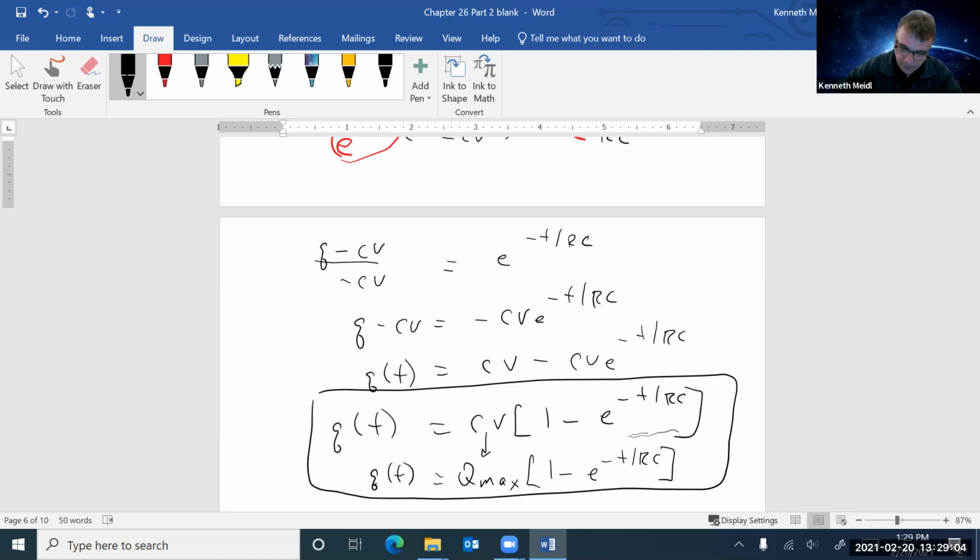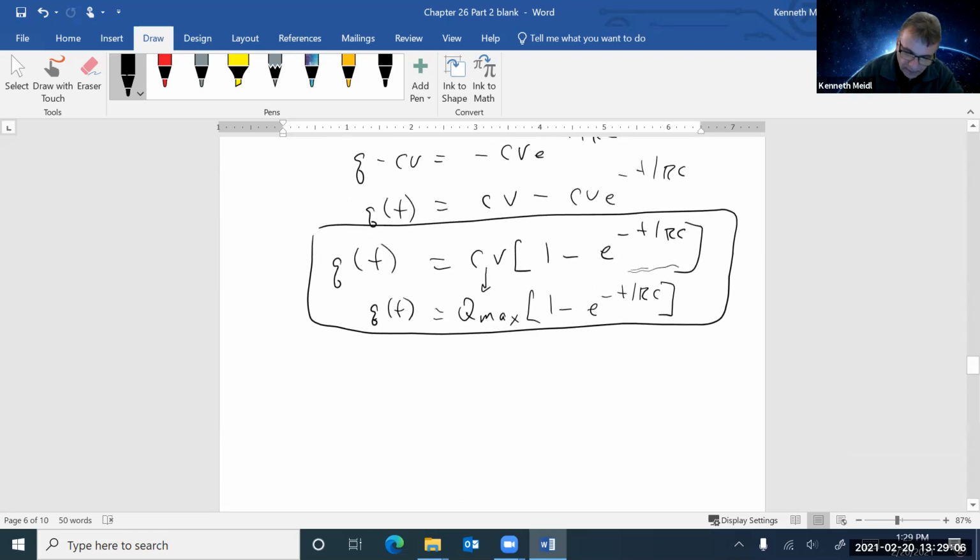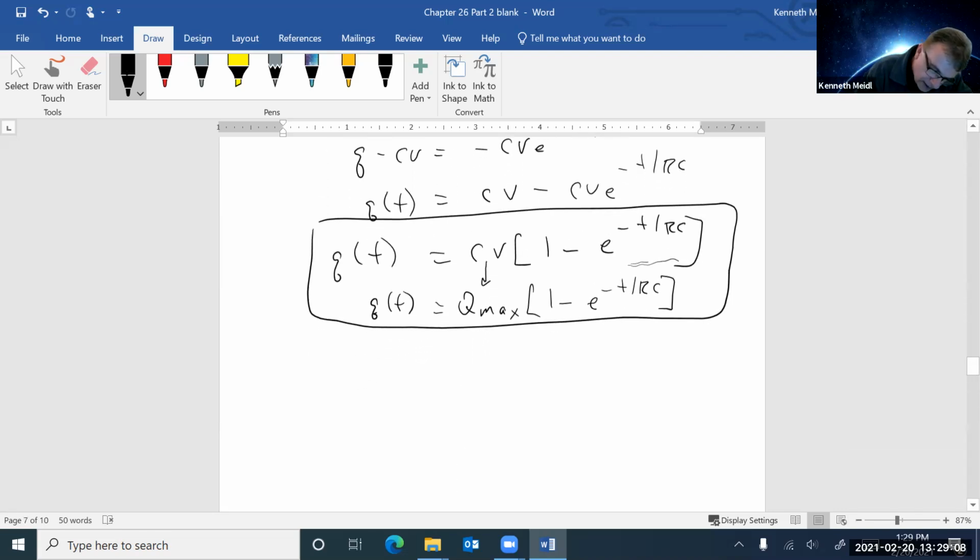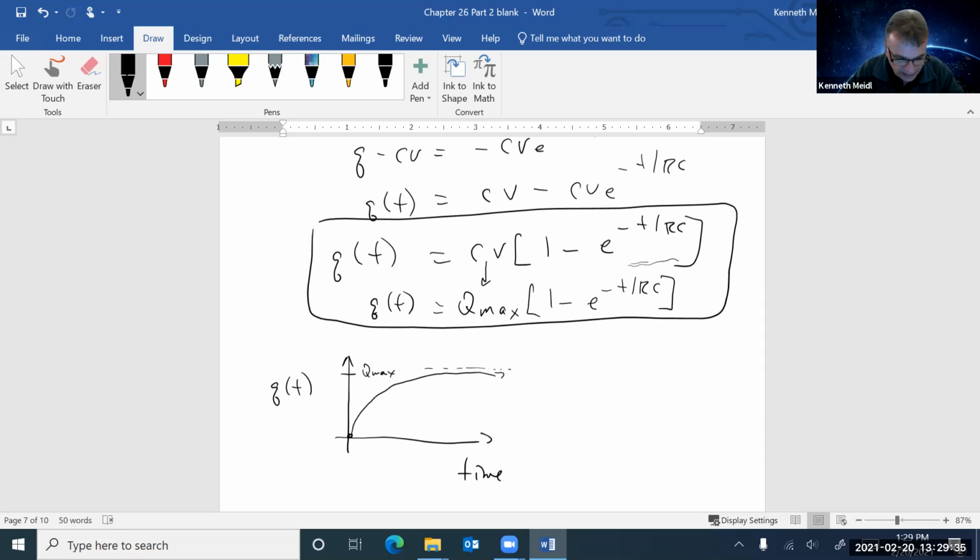If I look at charge as a function of time, the charge starts off at 0 and starts building up to some maximum value, right? And so this right here is like Q max. And you get closer and closer to something like that.